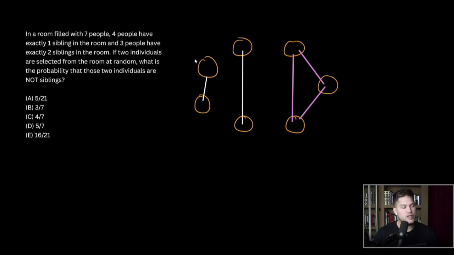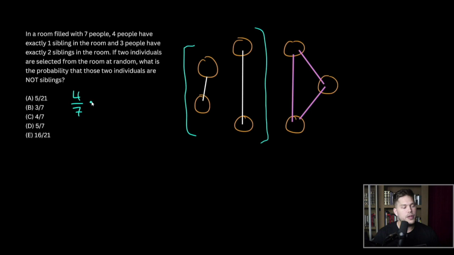For our first person selected, what if it's one of these 4 people? Because they all have the same feature of only having 1 sibling in the room, so they would have the same probability no matter what. If one of these 4 were selected at first, that's a chance of 4/7 of that happening.